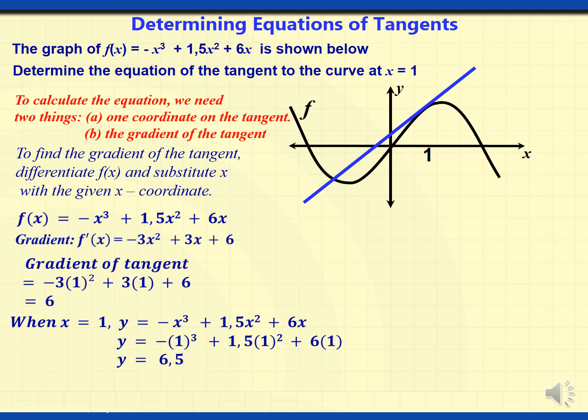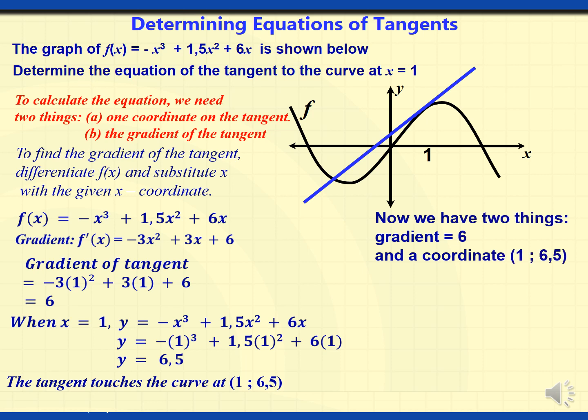So replacing x with 1 in this equation gives us y is equal to 6.5. What it means now is that the tangent touches the graph at (1; 6.5). With that information, we can determine the equation of the tangent.